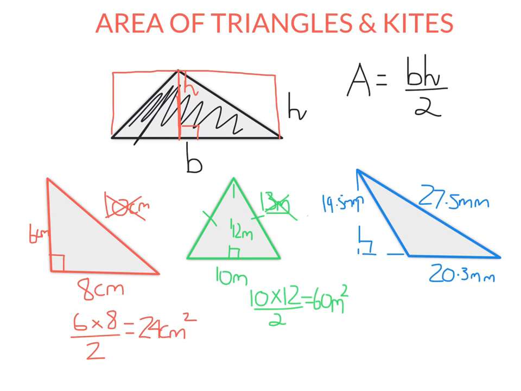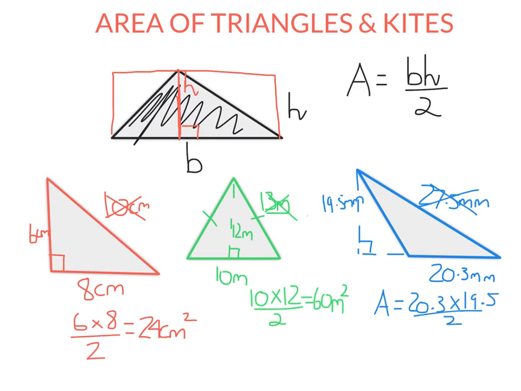Let's look at this last one here. When you have an obtuse triangle, the perpendicular height needs to be drawn outside the triangle. Once again, the slant height here does not enter our calculations. The area of this triangle is base times perpendicular height, and always remember to divide by 2.